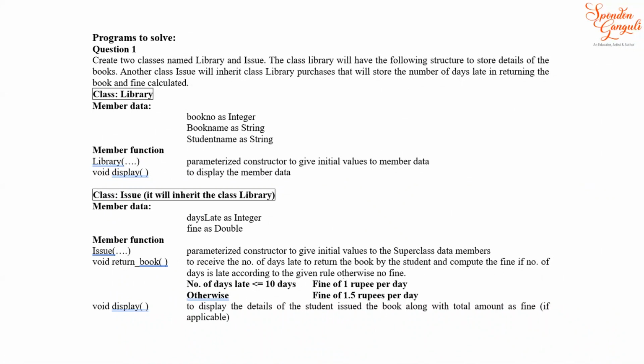Now, why is this required? Because we cannot call the constructor explicitly, and at the time of object creation, the constructor gets invoked. So through the child class object, only if we have the constructor in both the classes, can both constructors get invoked automatically. Further, in the issue class, we have a return book function and a display function.